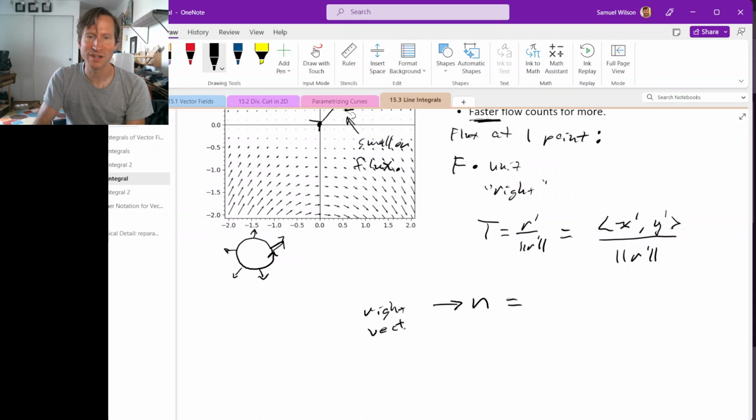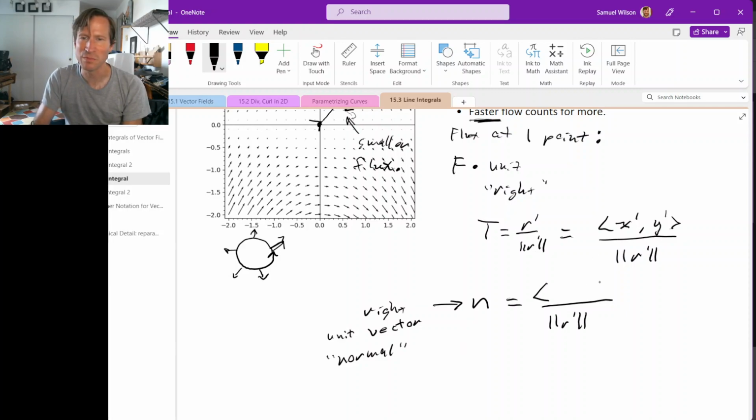So a rightward pointing unit vector. Okay, and we're going to call this the normal vector. The trick for coming up with it, we'll actually use the length of r prime, but what we will do with the components of t is we'll just switch them and make one of them negative.